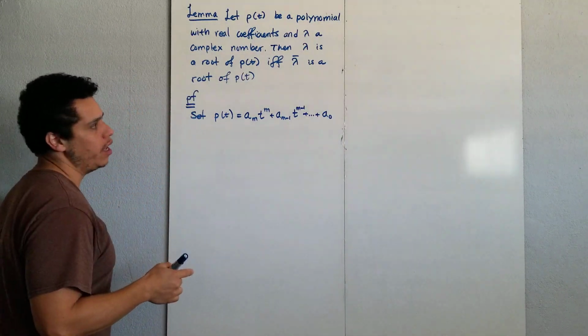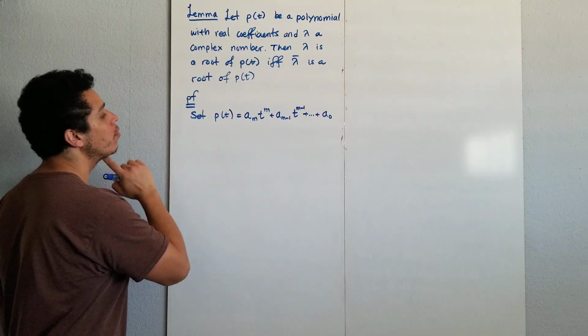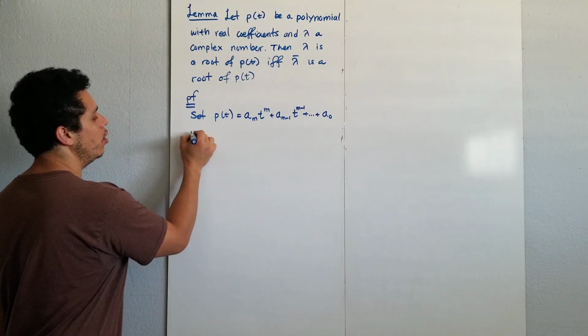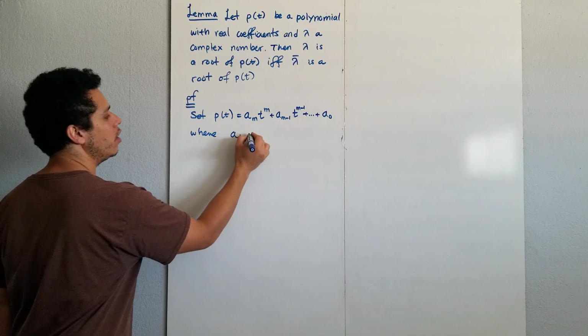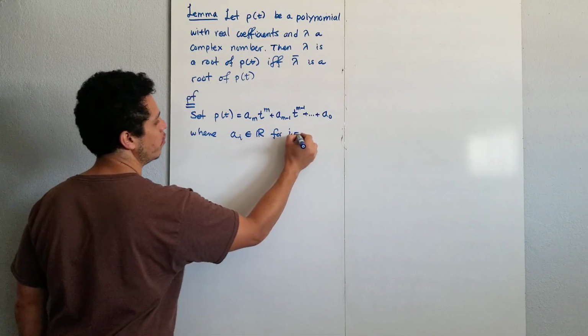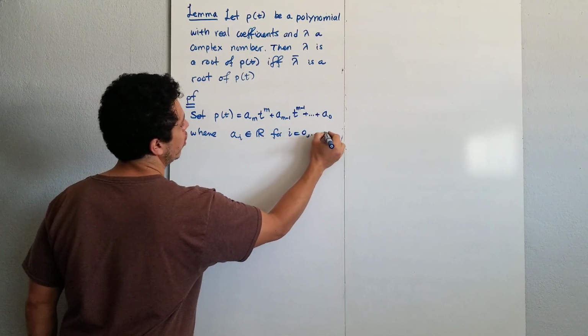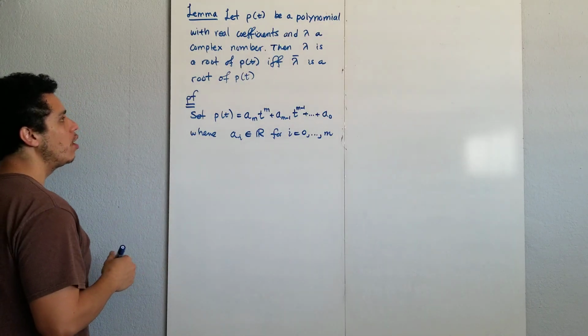In this case, I'm stating that p of t is a polynomial of degree m, where a_i is a real number for i from 0 up to m. So all the coefficients are real numbers.